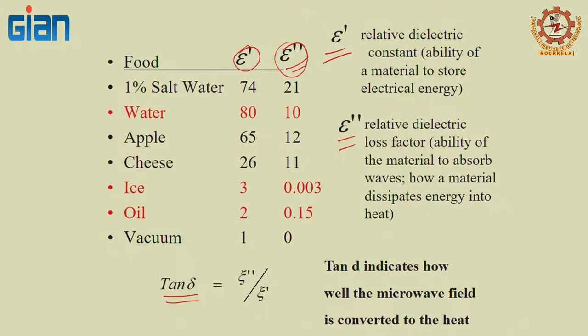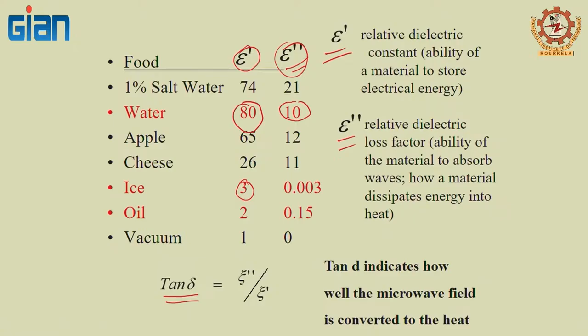Let us look at water here. Water has a value of 80 and epsilon double prime 10. Ice has a value of 3 instead of 80. When you cool down and it becomes ice, it is significantly lower, about 3.